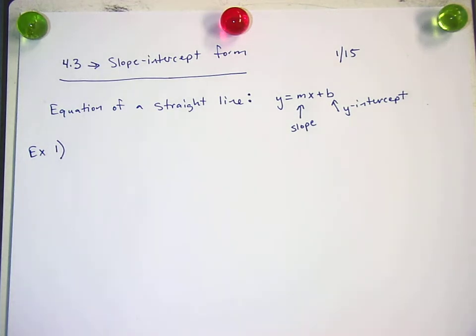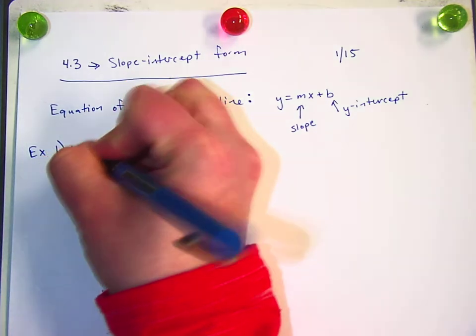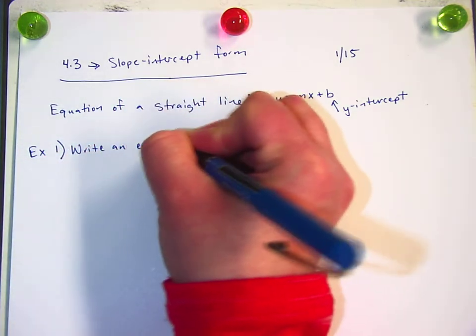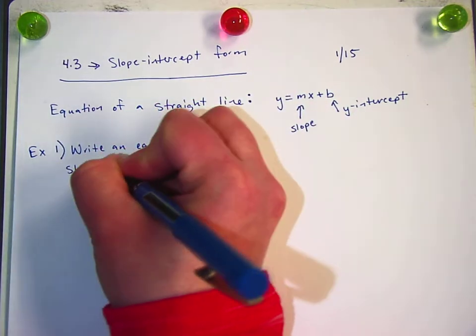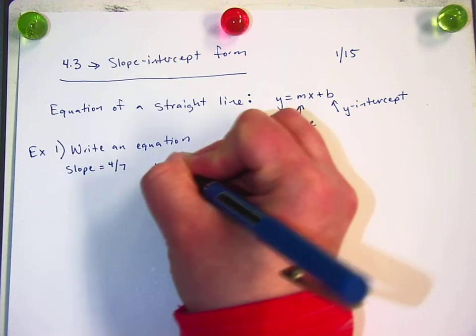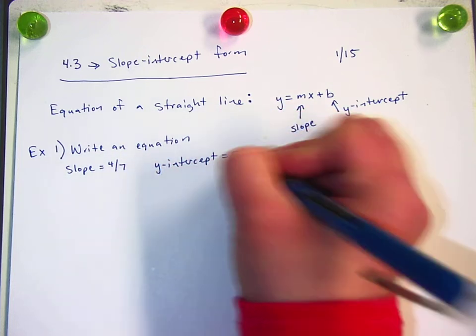So, all right, so let's try this one. This one you need to write an equation of a straight line where the slope is 4/7 and the y-intercept is 5.